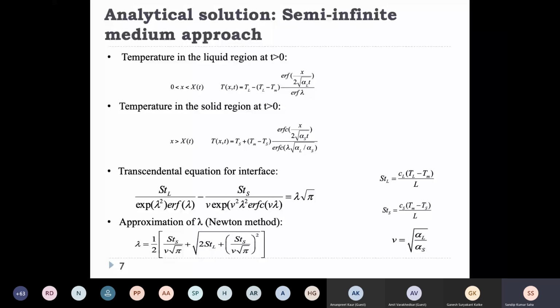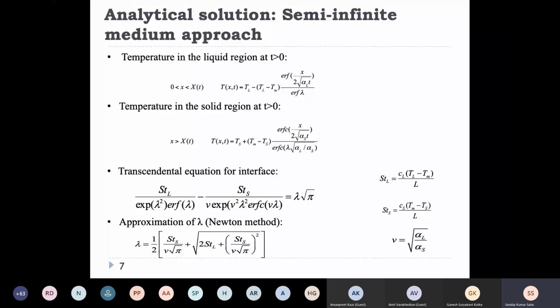So from whatever I told you through the analytical model until now, I can conclude a few things. I can find the liquid and solid temperature, but I need to track the melt front explicitly, because we are calculating the melt front movement explicitly.